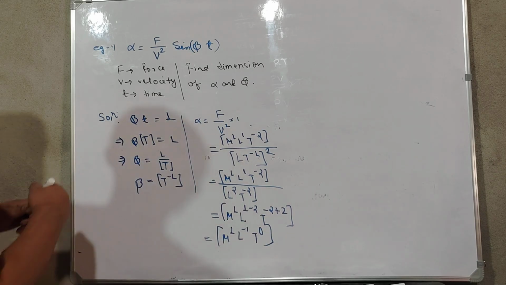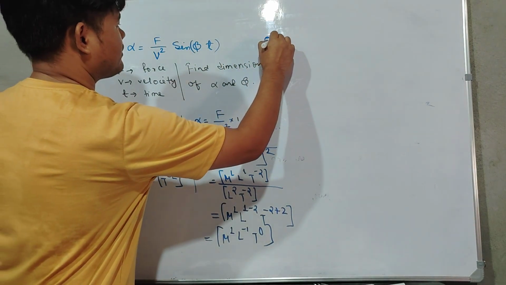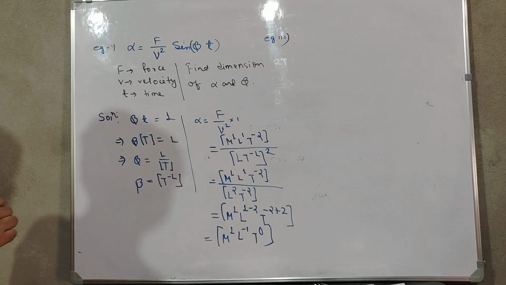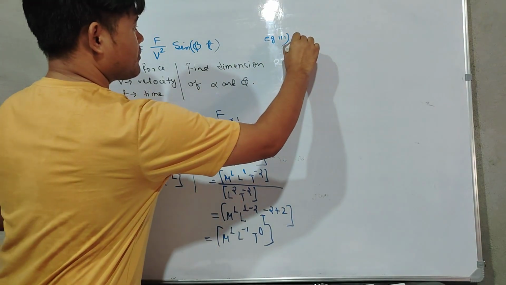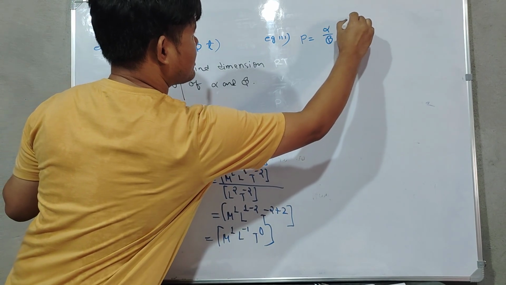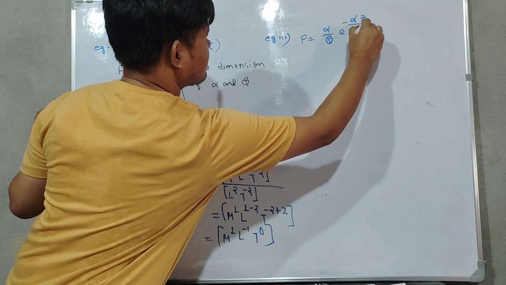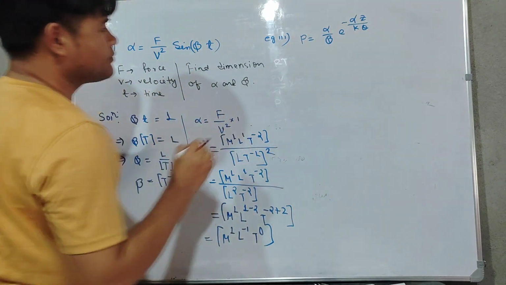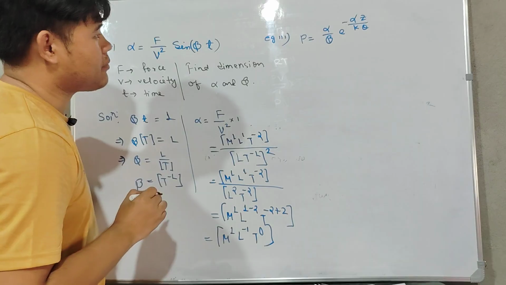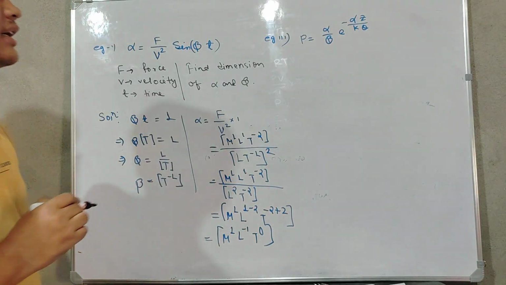Now next question we will do. Example 3. P is equal to alpha by beta e to the power minus alpha z by k theta.